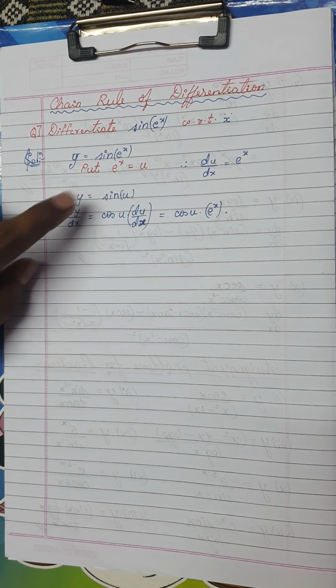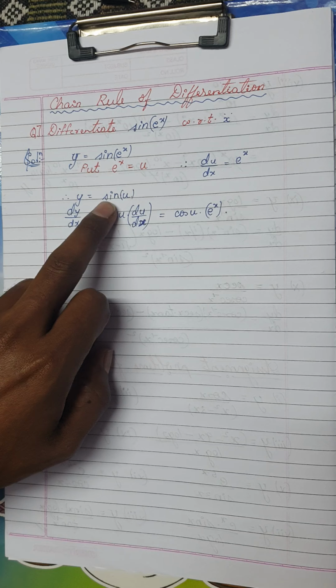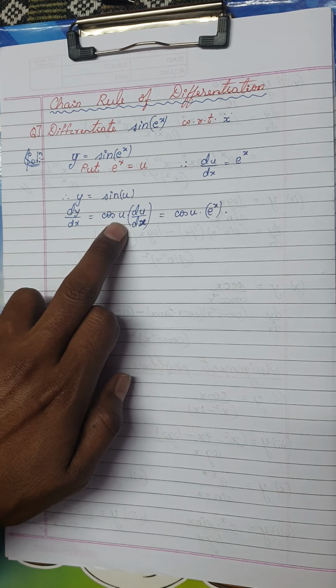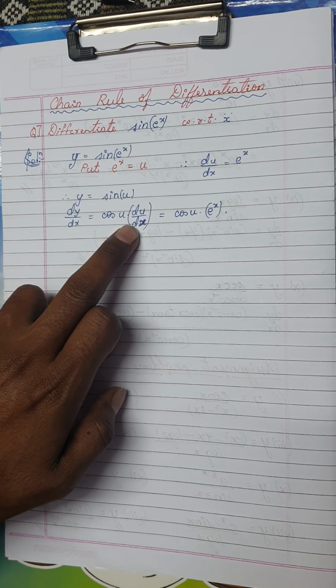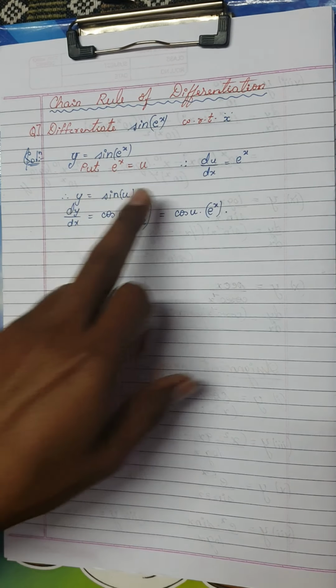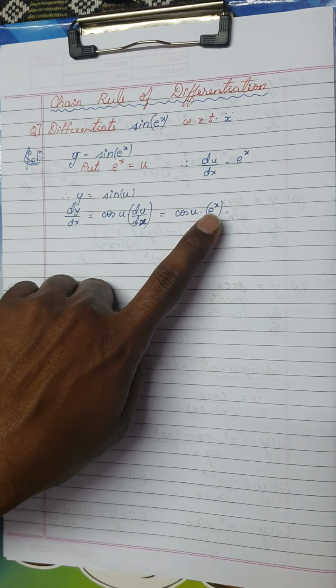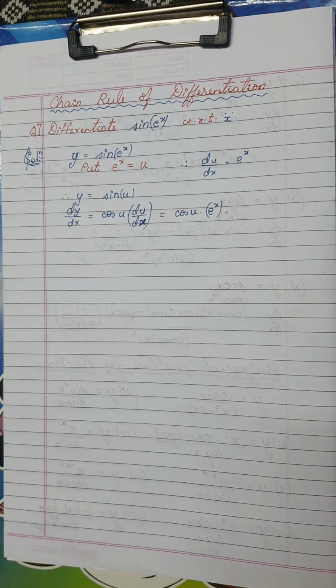So I have taken y is equal to sine u. Now dy by dx is nothing but the derivative of sine, which is cos, but if it is any other variable, then that variable should be differentiated with respect to x. Since we have already found that, we take cos u into e power x. So this is the concept of the chain rule of differentiation.